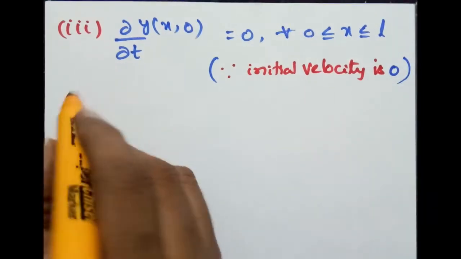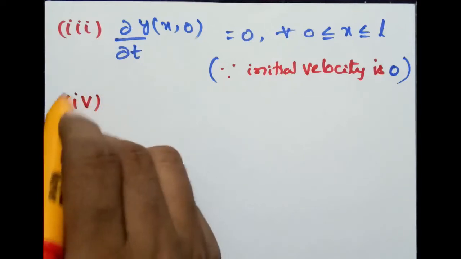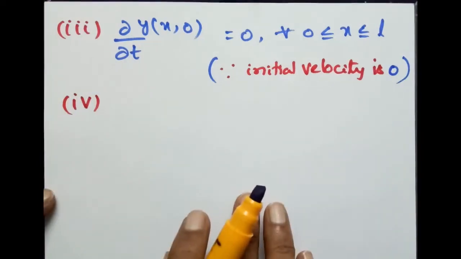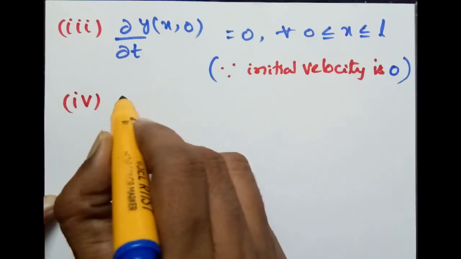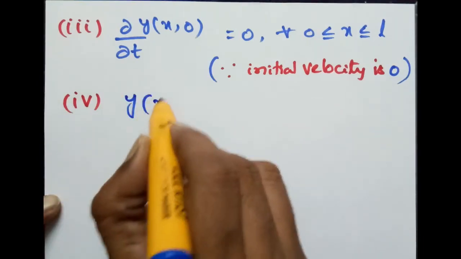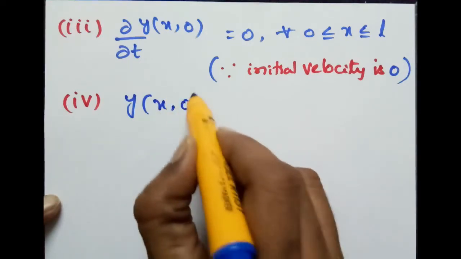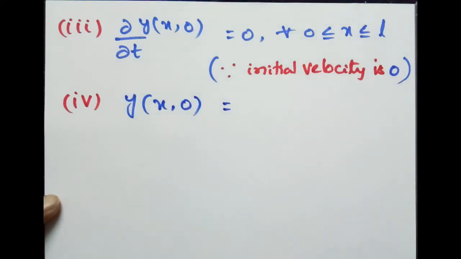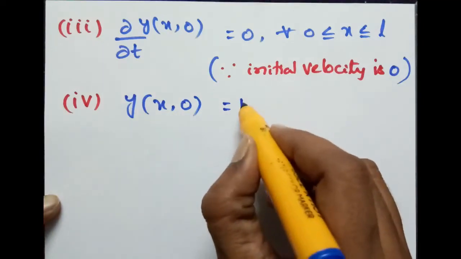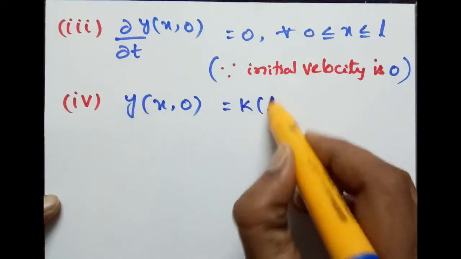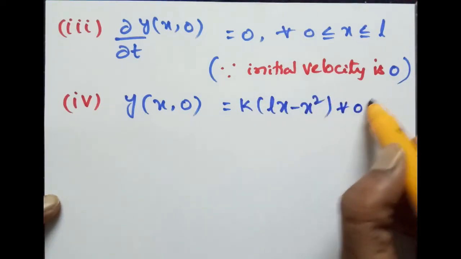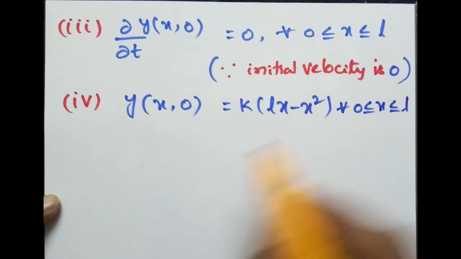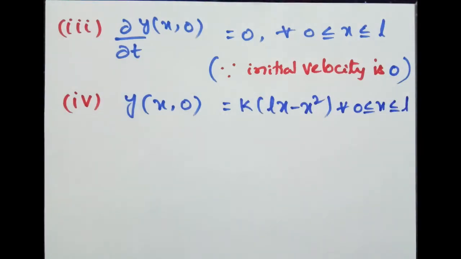Now condition number 4: the initial displacement in the string at time t equal to 0 is k into (Lx minus x square) for all 0 less than or equal to x less than or equal to L. This is given in the problem.